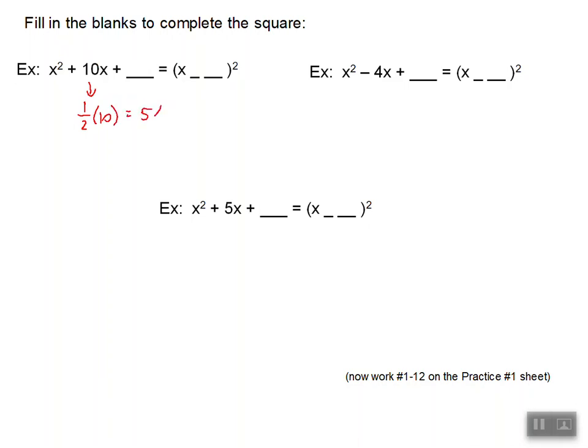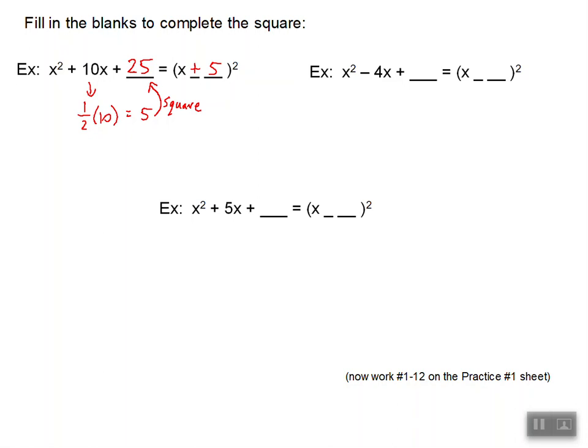What I do with this 5 now, I square it, and that will go up into my trinomial. Half of 10 is 5, and 5 squared is 25.